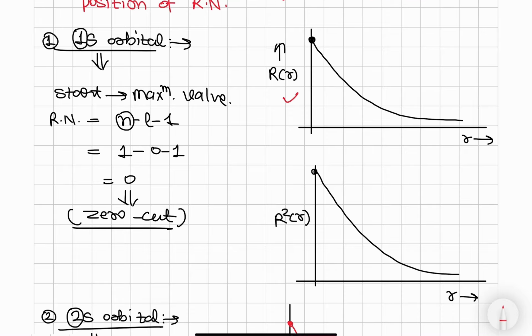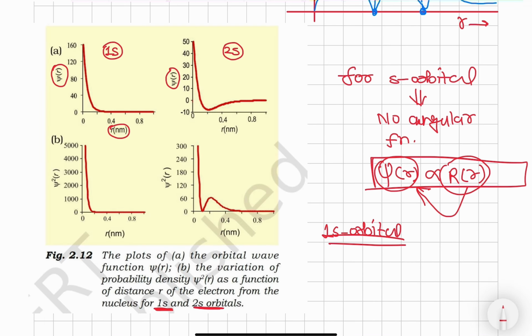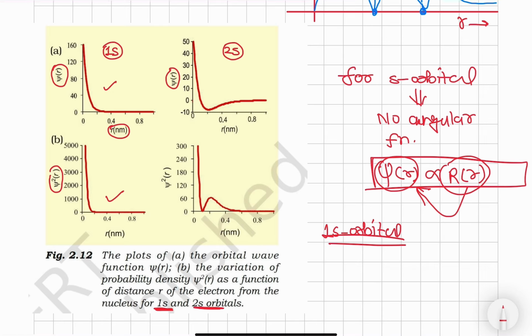So here you can see the nature of the graph. The nature of R r versus r is similar. But why is psi r given? Because for s orbital there is no angular function, the value of the angular function is 0. That's why we can use psi r in place of R r.